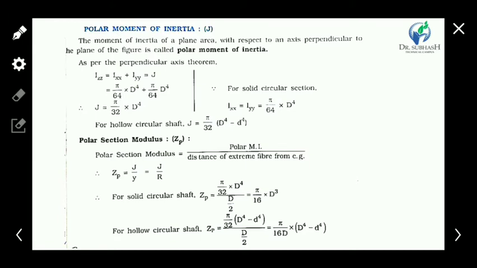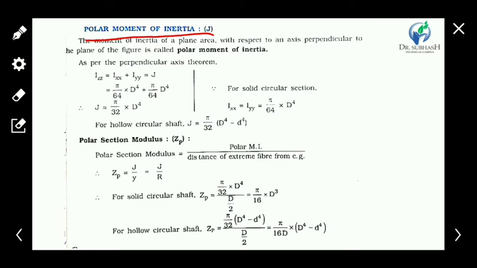In the perpendicular axis theorem, if we find the moment of inertia about the axis perpendicular to the x-axis and y-axis plane, this moment of inertia is called the polar moment of inertia. So the polar moment of inertia is the moment of inertia about the axis perpendicular to the x-axis and y-axis, which make the plane.